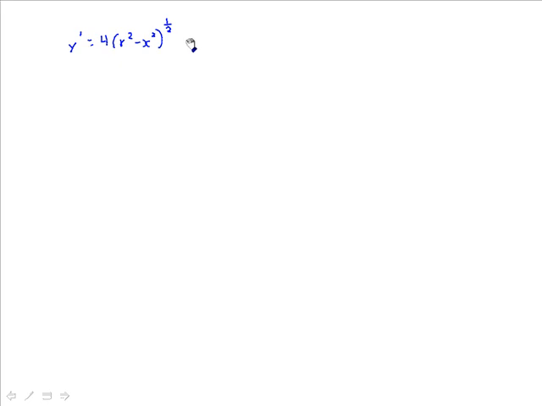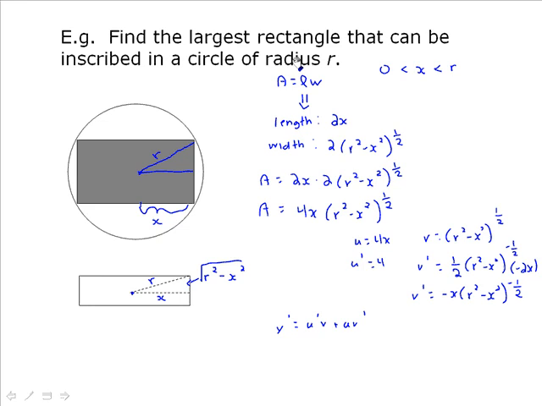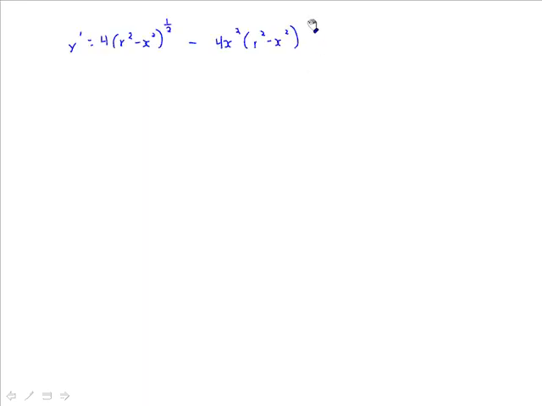Then the next term is u, which is 4x, times v prime, which is negative x. So that means we can make this sign negative. I'm going to go fairly quickly to that point. It becomes a total of 4x squared, and then we've got the r squared minus x squared. Watch your signs with this one, because if you look back, it will be to the exponent of negative 1/2. So I think we're more or less set up.